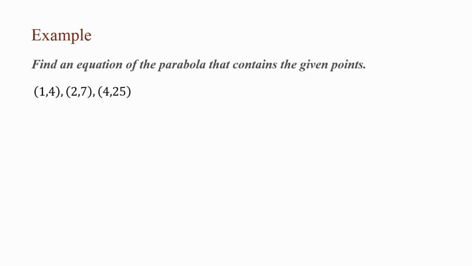In this example, find an equation of the parabola that contains the given points 1, 4, 2, 7, and 4, 25. First thing we need to remember is that our equation of a parabola is y equals ax squared plus bx plus c. We're going to have three equations by substituting each ordered pair into the equation of a parabola.